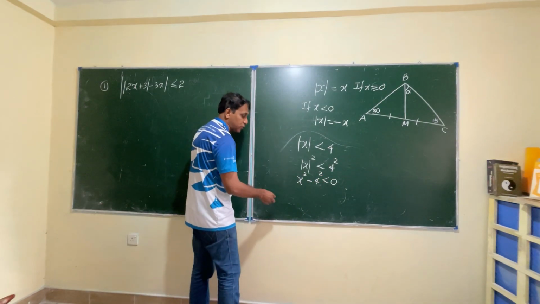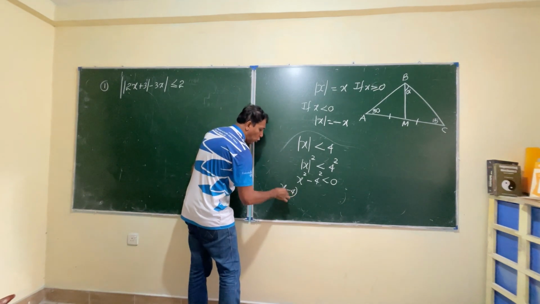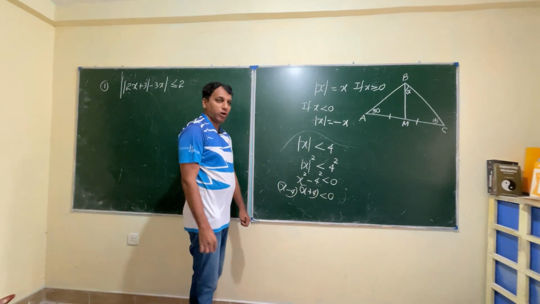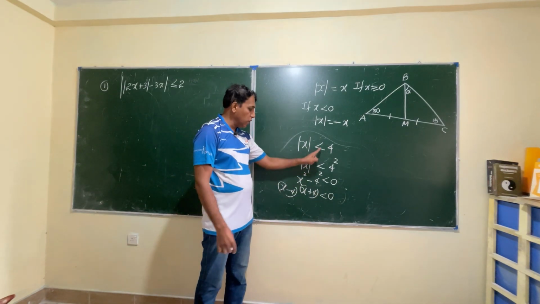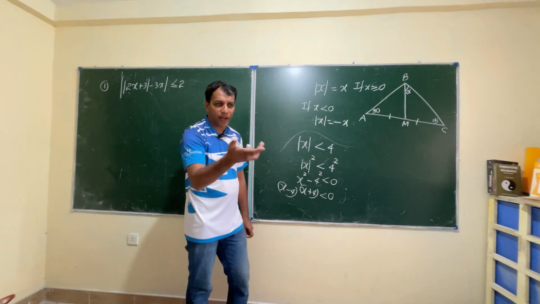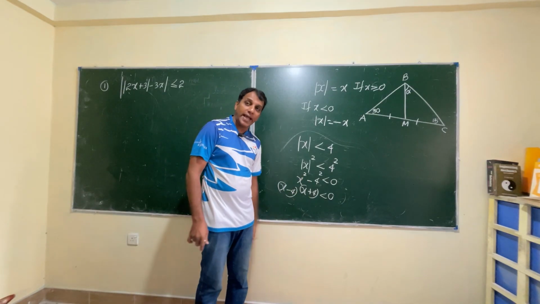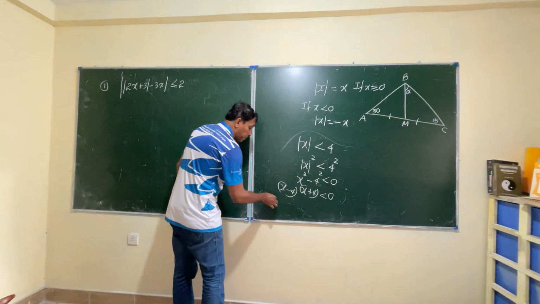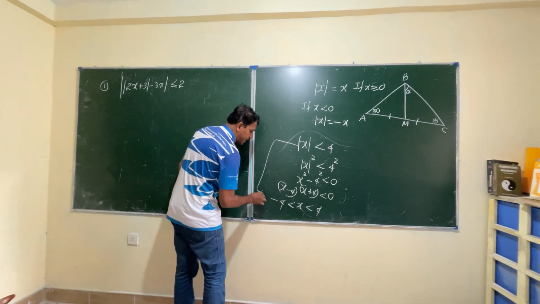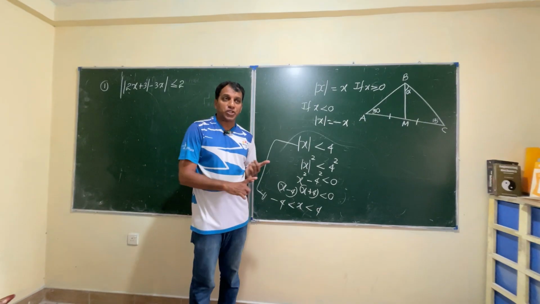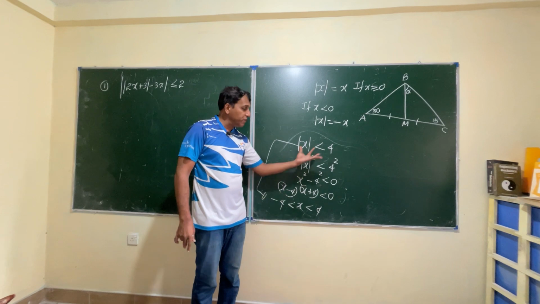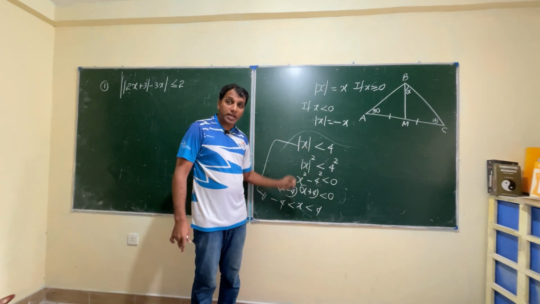Now you see the difference of two squares: x minus 4, x plus 4 is less than 0. If it is less than or equal, put equal. If you have worked on algebraic inequalities in the pure maths grade 12 lessons, for these two being less than 0 the answer is between the least and the highest. Therefore, in some trigonometric questions, if modulus patterns or algebra like this come, we can write it this way. If this is given, we can write that.